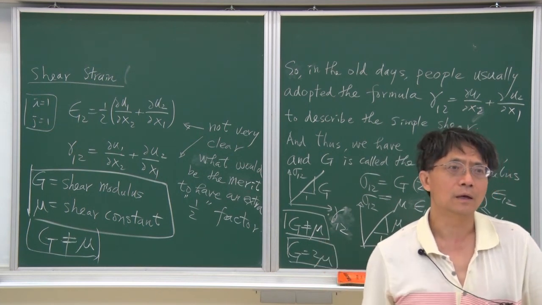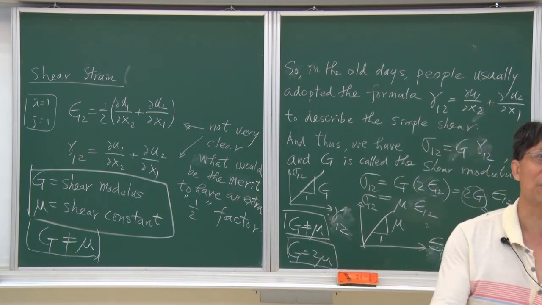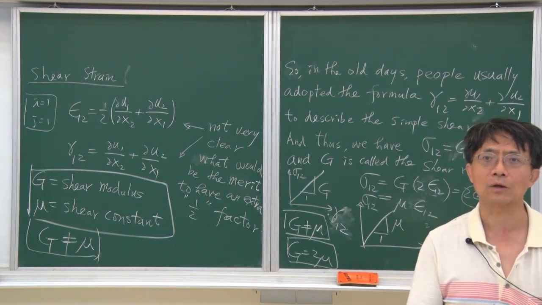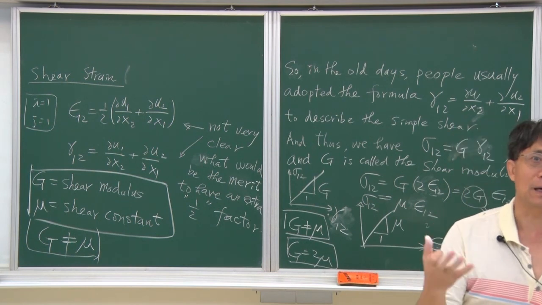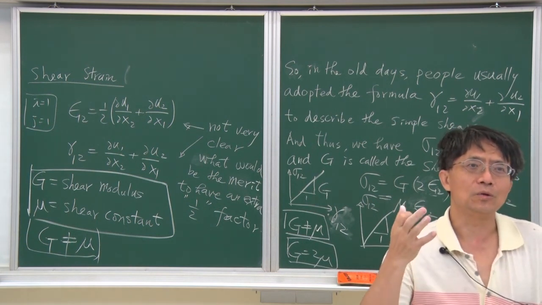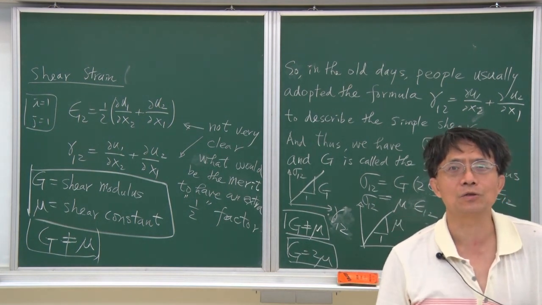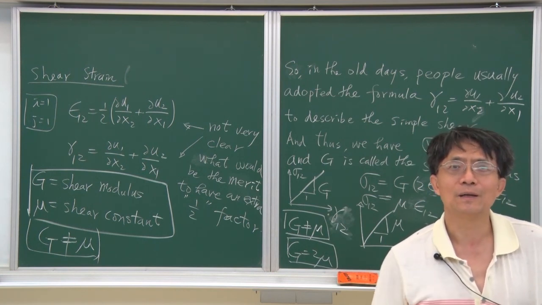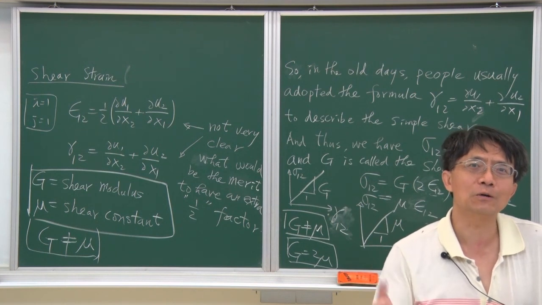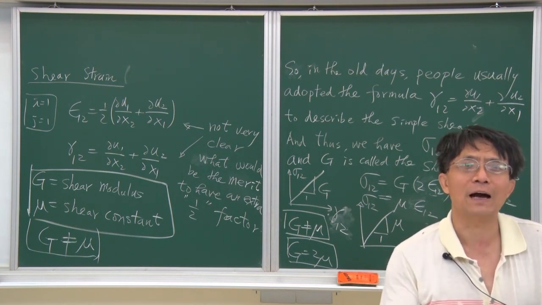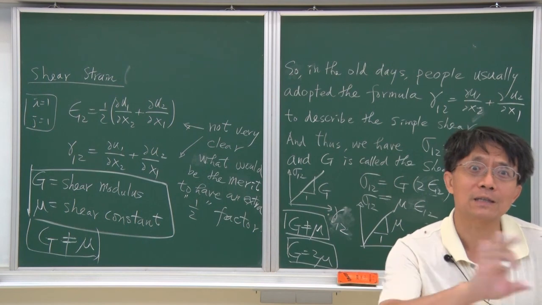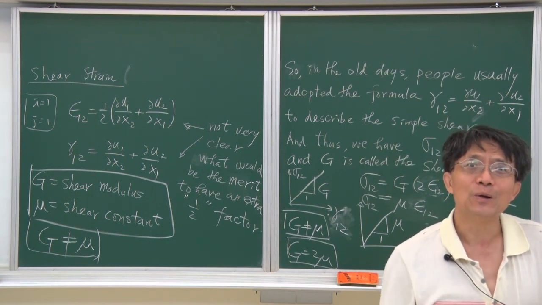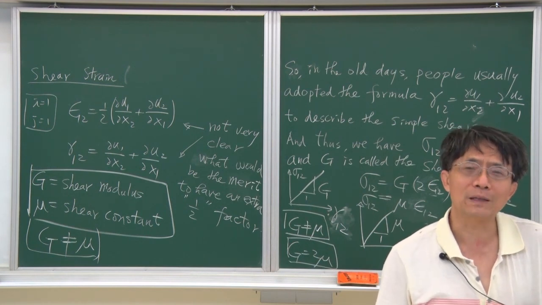But here, if you don't pay attention to the difference of shear moduli and shear constant, sometimes you have the wrong idea, because maybe your professor asked you to input the shear moduli, but in the old textbook or new textbook, you can find the shear constant, and then you mix up these two constants, and then your result will be different.